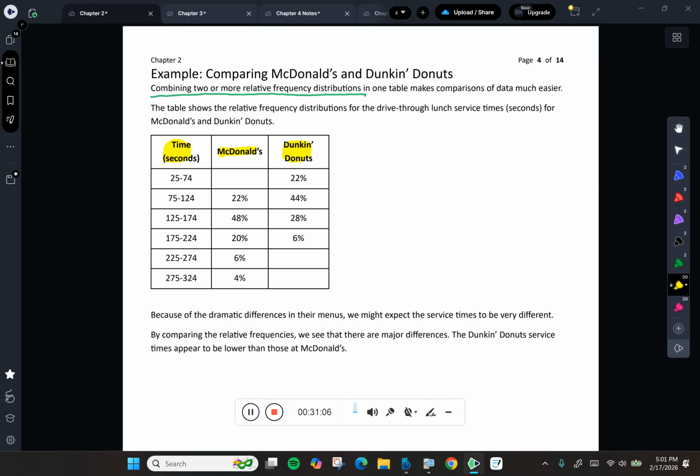I still have classes over here, lower class limits, upper class limits, class widths, the whole nine yards. But now I've got two different data sets, the McDonald's data set and the Dunkin' data set. I'm going to look at these percentage frequency distributions down here and say, it looks like I'm going to get served faster if I go to Dunkin' Donuts than I would if I went to McDonald's.